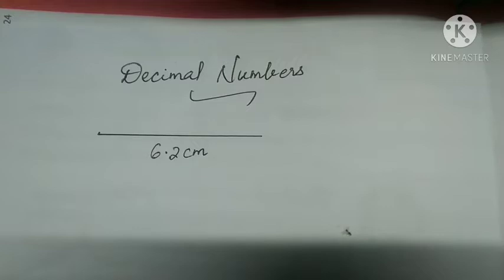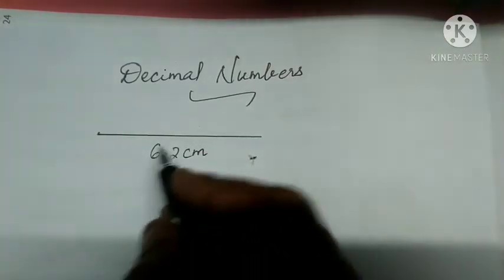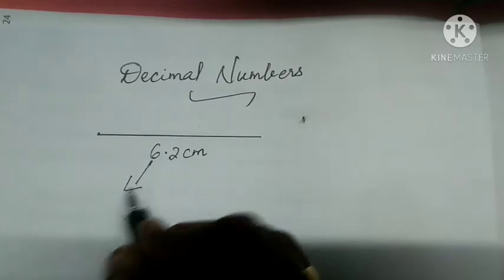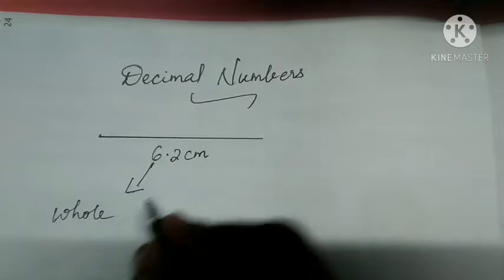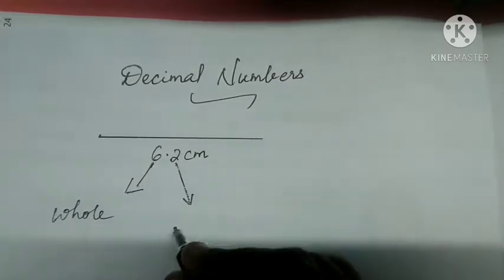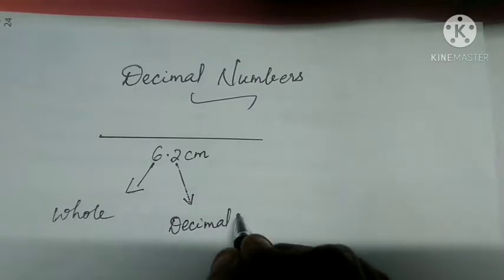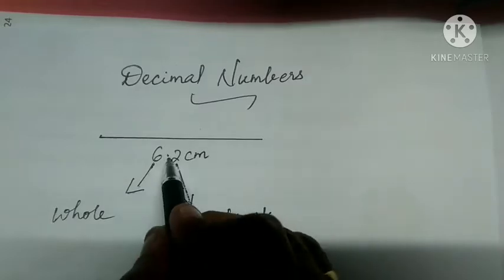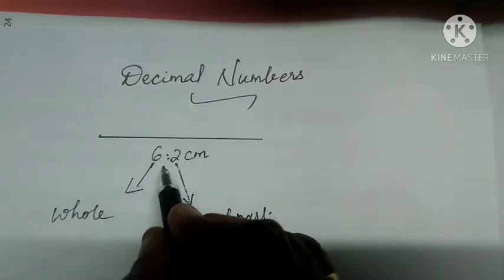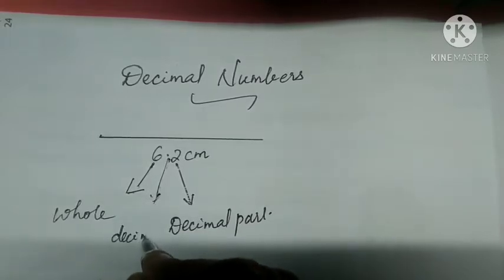A decimal number has two parts. This is the whole number part and this is the decimal part. These two parts are separated by a dot, that is known as the decimal point.